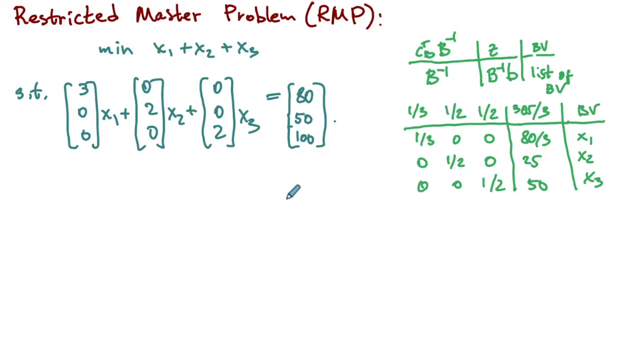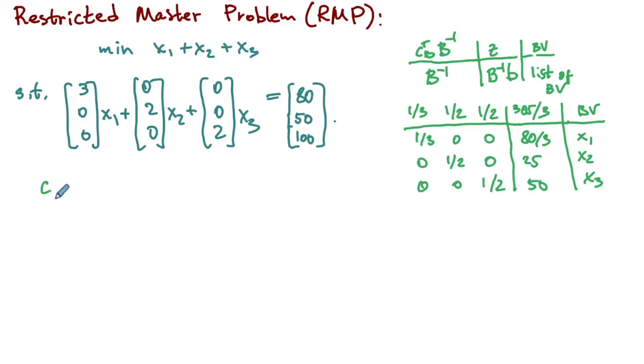So we should have some variables that will enter the basis because their reduced cost is negative. So we need to find the variables with negative reduced costs that could enter the basis to improve the current solution to our problem. So how do we find if we have a variable that's a candidate to enter?